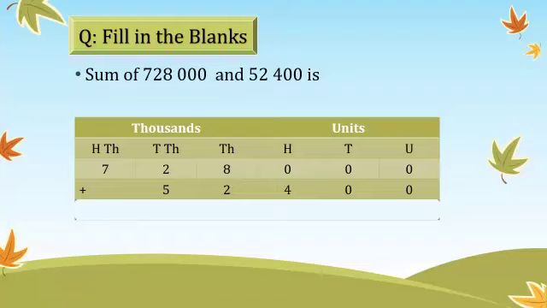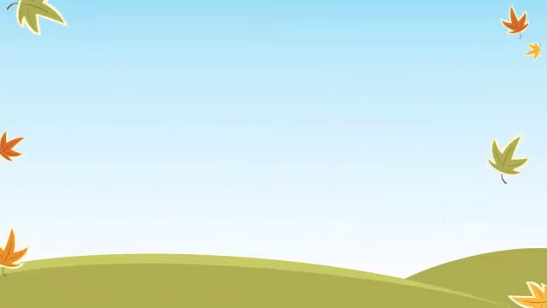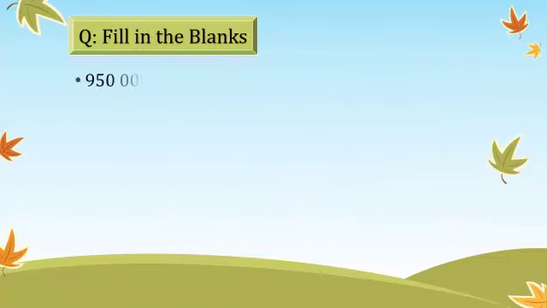After placing them in the correct place value column, we will start adding from the units column and work our way onwards, moving on to the tens column, then the hundreds, and lastly the hundred thousands column. After finding the addition of these two numbers, your answer will be 780,400.